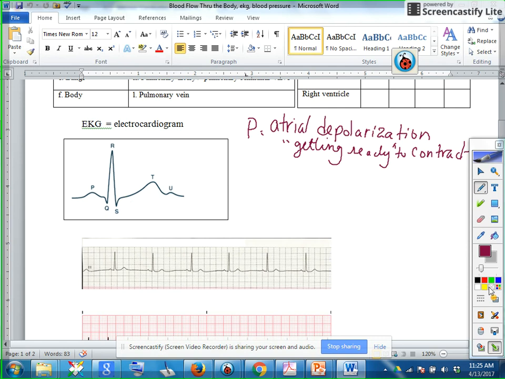The QRS is ventricular depolarization. And that again means it's just simply getting ready to contract.